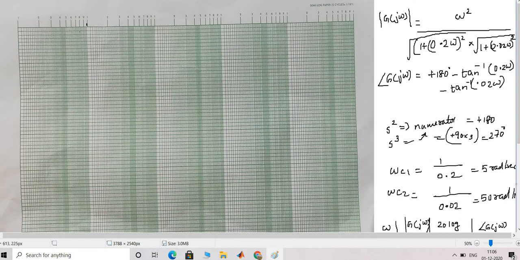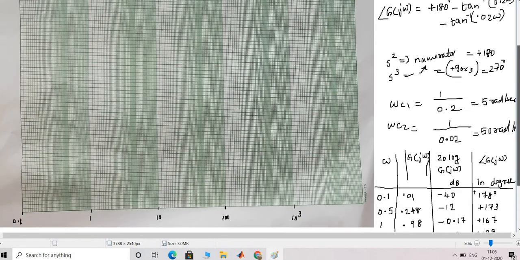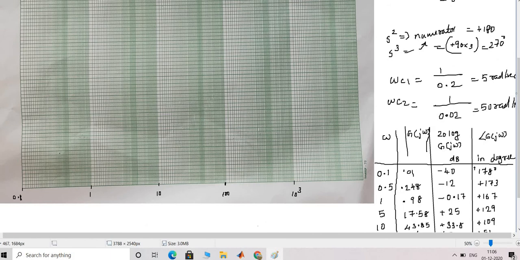So in between that band we have to check the marking 5. So here you can see the marking 5. Corresponding to this point we can mark the frequency 0.5.